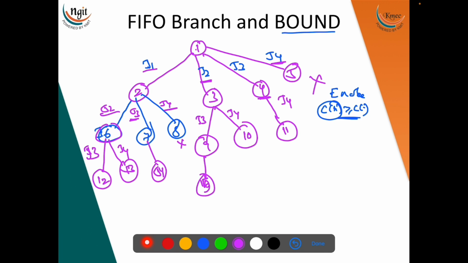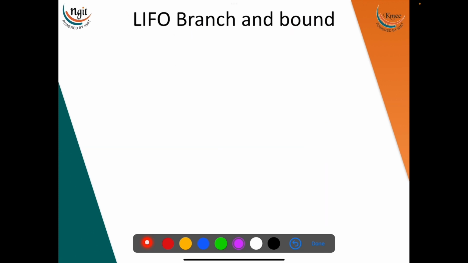I'm just making it 15 and it is J4. It is J3 only, still you have a chance of exploring, which is J4. Now this is the solution for which method? For the FIFO method, first in first out. The data structure we will use is a queue. And the next method is the LIFO method, last in first out branch and bound.